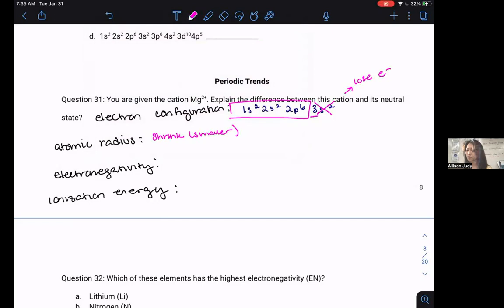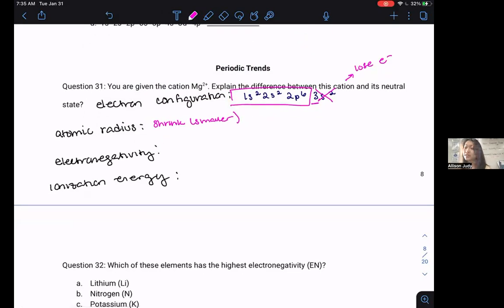We also see that the electronegativity, the ability to attract an electron to itself, is actually going to increase. Now we have greater Coulombic attraction, due to the fact that we have more protons, the muscle behind the pull, compared to the electrons present.